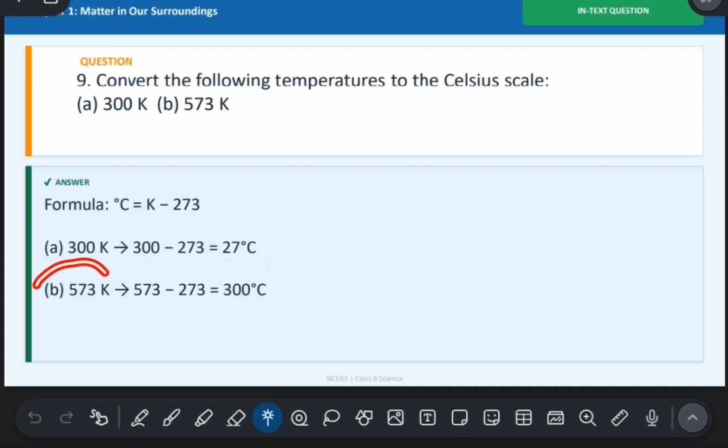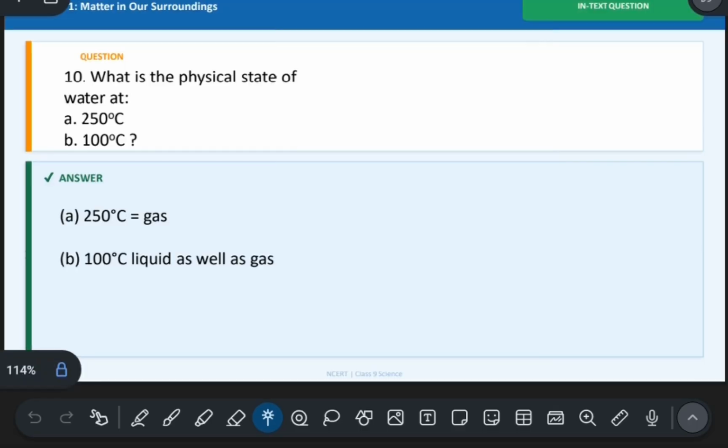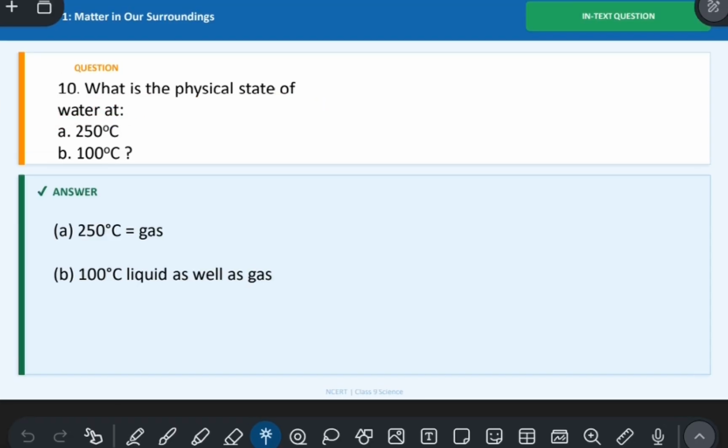Same for 573 Kelvin. 573 minus 273 is equals to 300 degrees Celsius. Now question number 10. What is the physical state of water at 250 degrees Celsius? At 250 degrees Celsius, water's physical state is gas, and at 100 degrees Celsius, it has two states, liquid as well as gas.